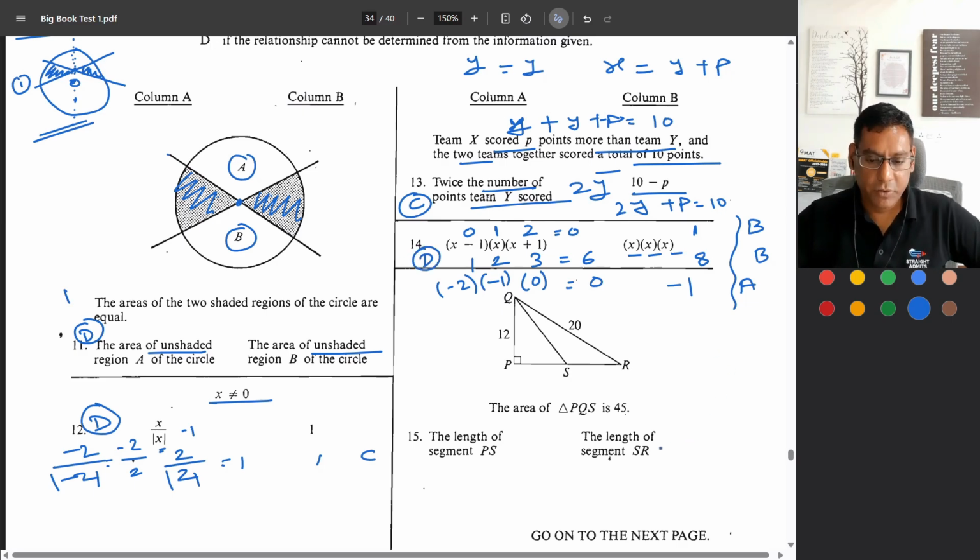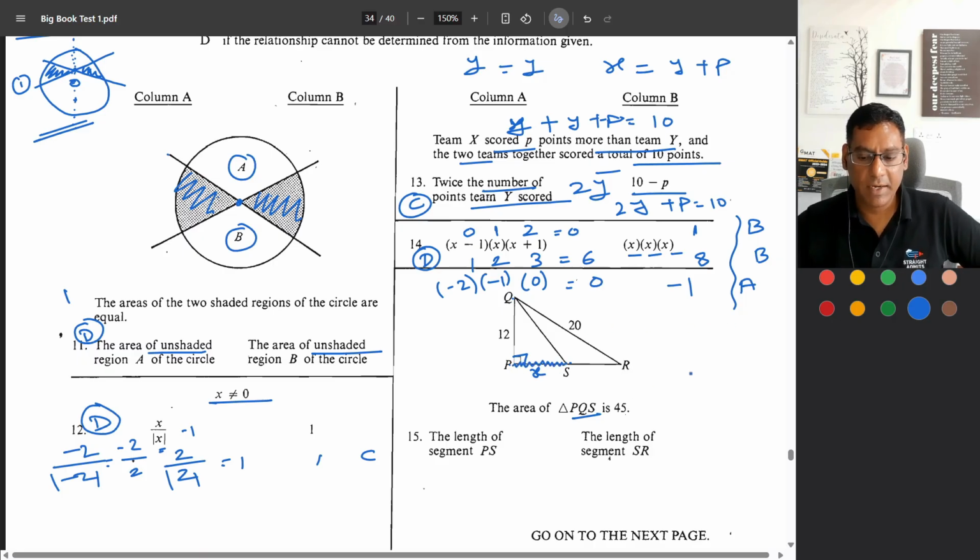Question 15, the length of segment PS. There is this diagram, area of PQS is 45. This is a right angle triangle. Let's say this base is X. Let's first do this calculation before we get to the question.